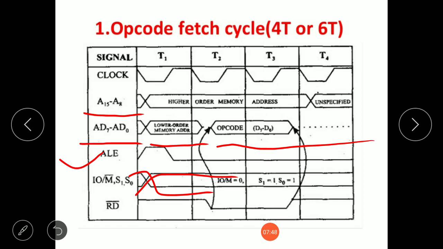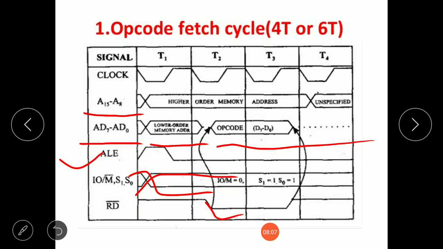Now what happens after the memory receives the 16-bit address? It searches for the memory location and finds the opcode. Once it gets the opcode, in the T2 state the microprocessor makes the RD bar signal low.